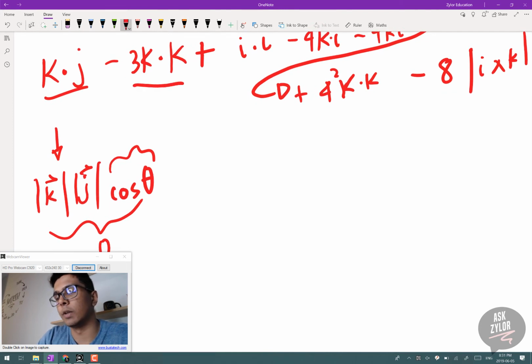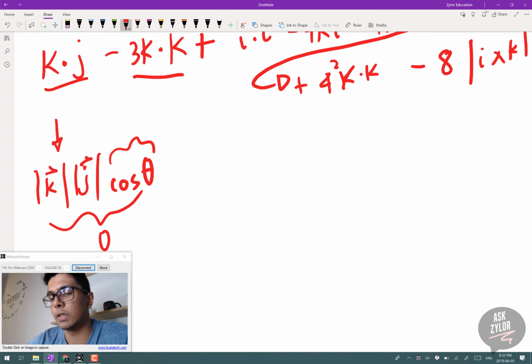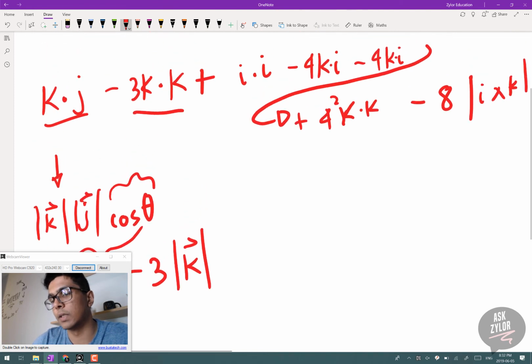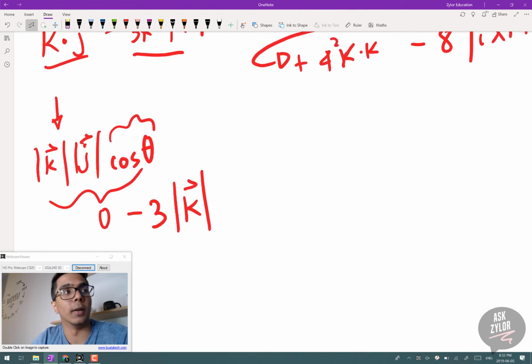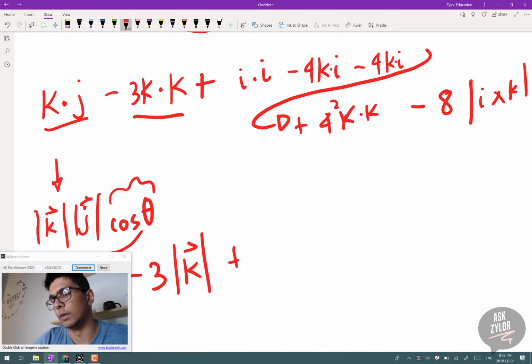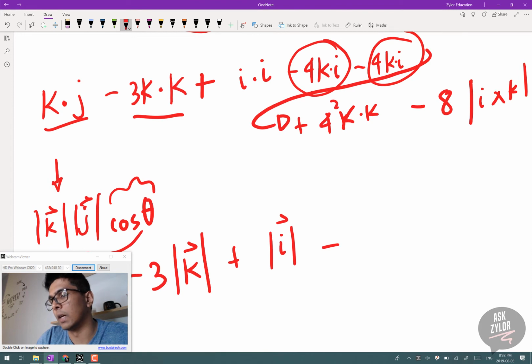And then the dot product of the vector with itself is just the magnitude squared. So it's going to be minus 3 times the magnitude of k, and we know all of these are unit vectors, so the magnitude should just be 1, right? We're going to do the same for i. The magnitude of i, again, is just 1, minus, now we have the dot product of two vectors again, k and i, right?